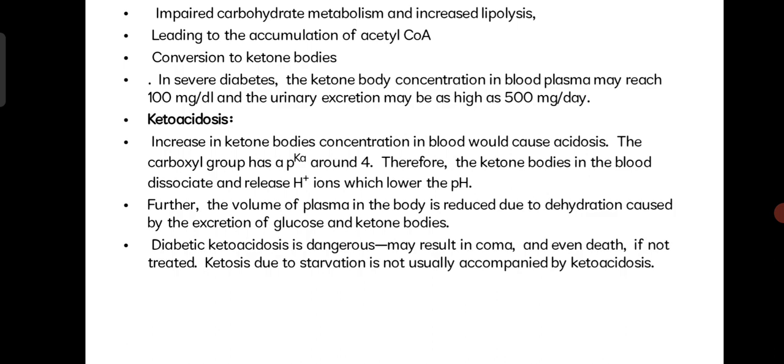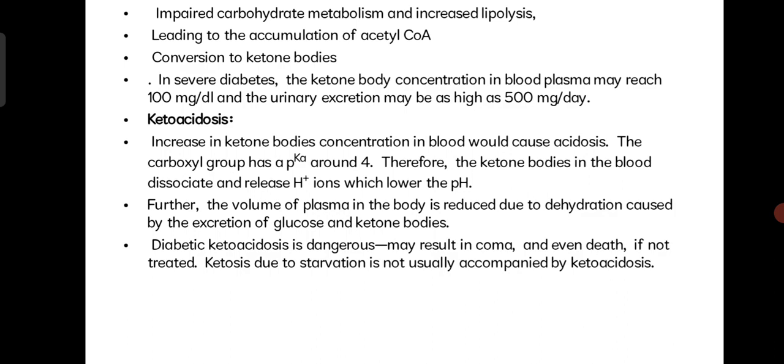This will lower the pH. The plasma volume will reduce in our body due to dehydration, and this results in the excretion of glucose as well as ketone bodies. That condition is ketoacidosis. Diabetic ketoacidosis is very dangerous. Sometimes it results in coma, even death.